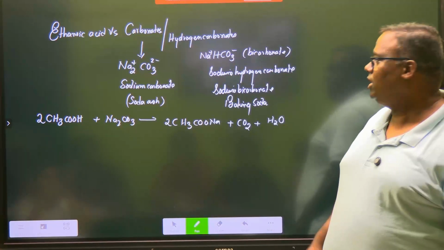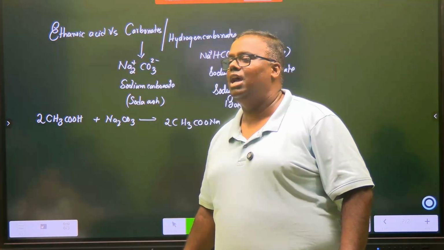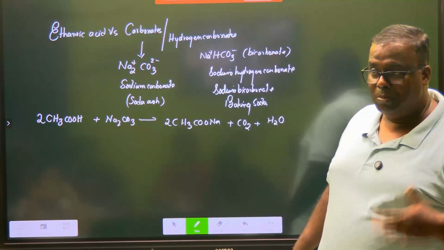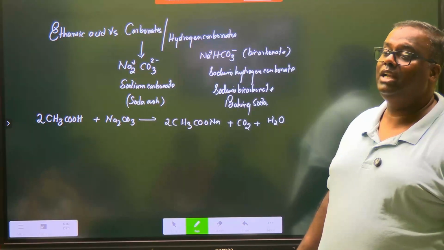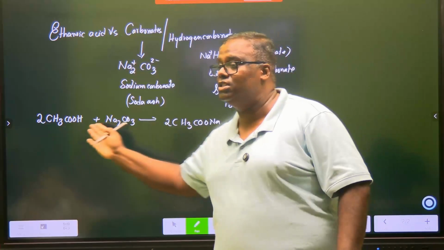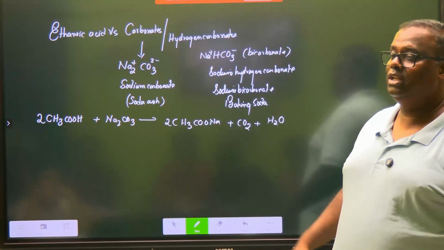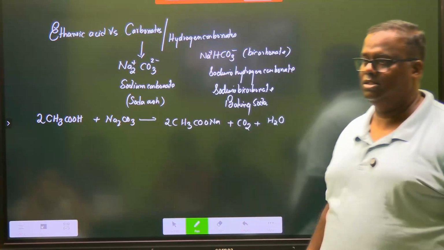So with ethanoic acid, I added sodium carbonate. And then I got a gas, bubbling out was seen. And when that gas was passed through lime water, it turned milky, which is a confirmatory test for this substance to be ethanoic acid. Only ethanoic acid will be able to liberate this.